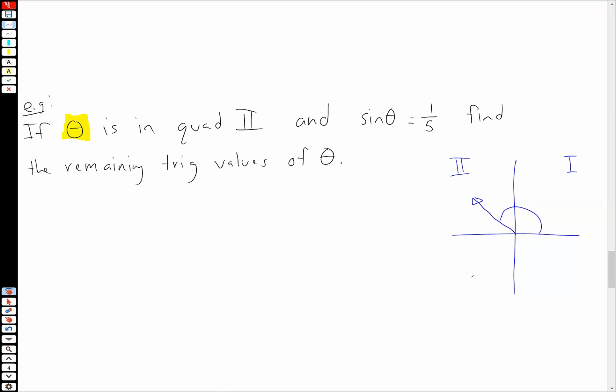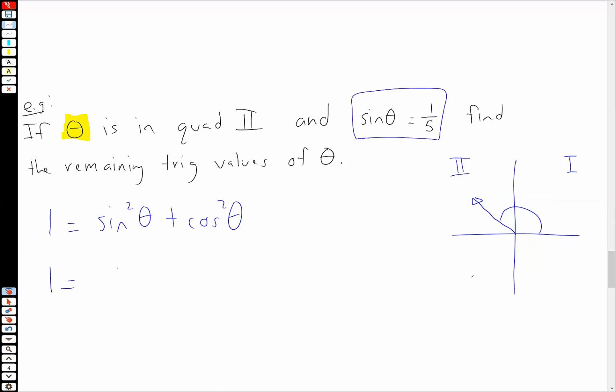So, how do we figure out the other remaining trig values? Well, notice that we just learned about the Pythagorean theorem, right? 1 is equal to sine squared theta plus cosine squared theta. So we can actually use this to figure out cosine, because what do we know in this problem? We know that sine of theta is 1/5.